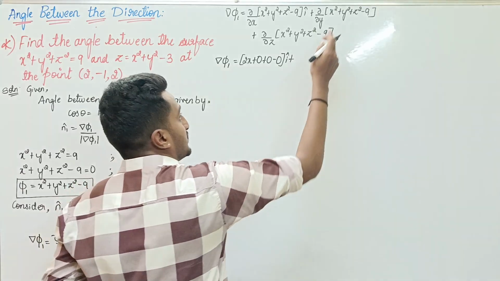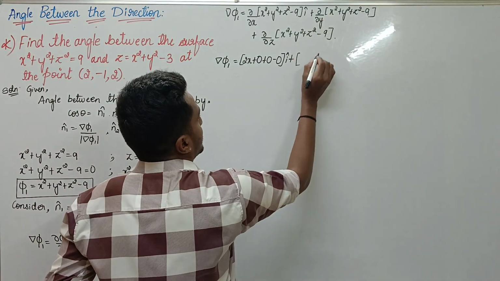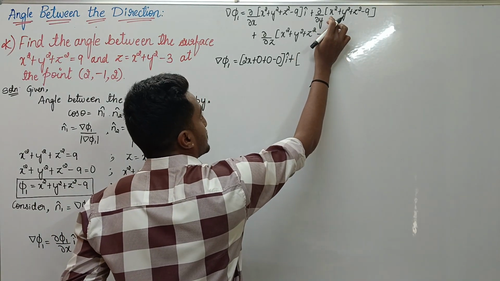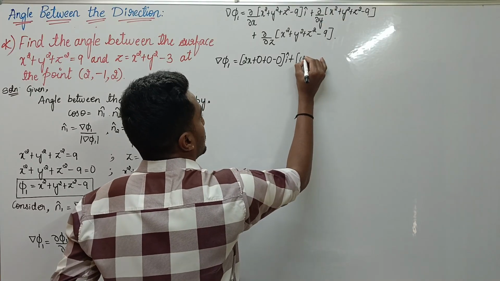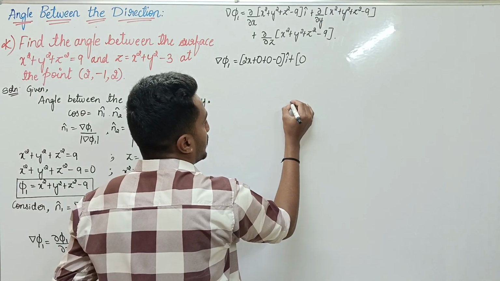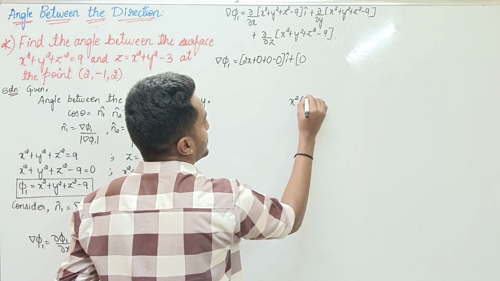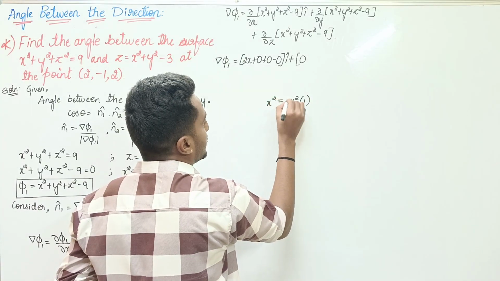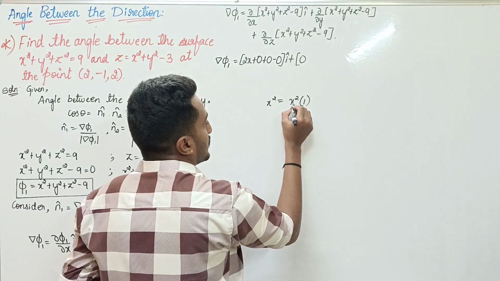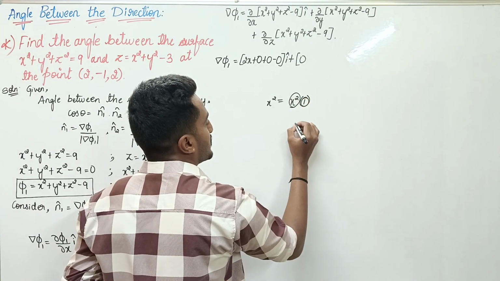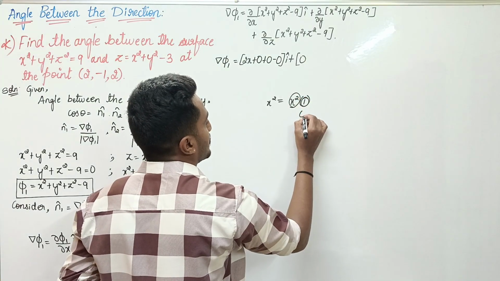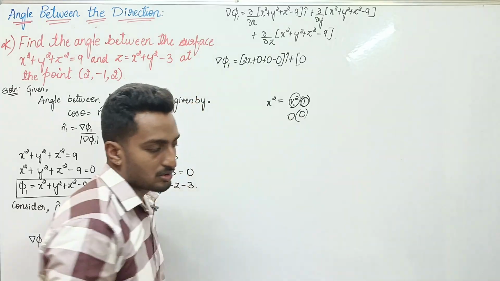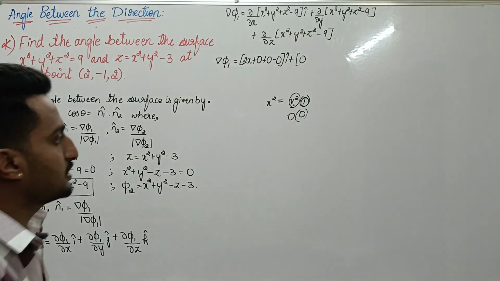Now differentiating with respect to y, similarly term by term. Differentiation of x square with respect to y is 0, because x square can be represented as x square into 1. X square remains constant, differentiation of 1 with respect to any variable is 0, and 0 into anything is 0. So we define that as 0.